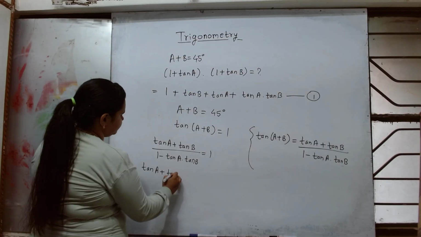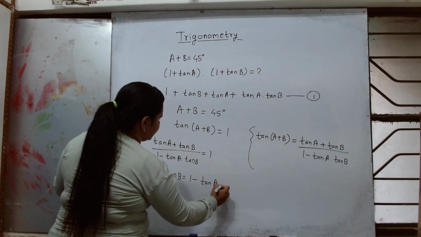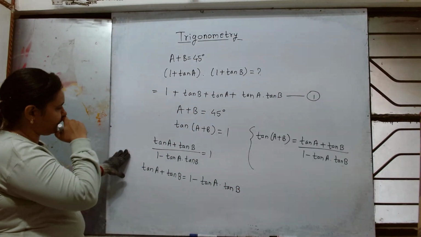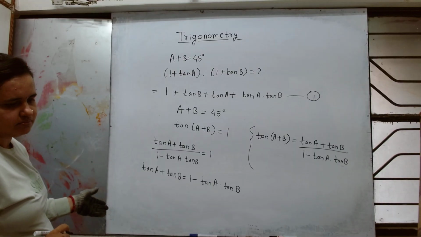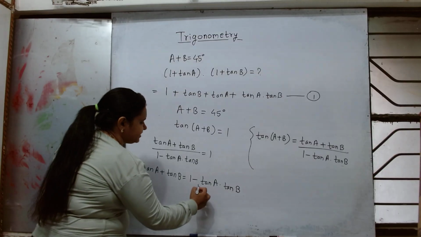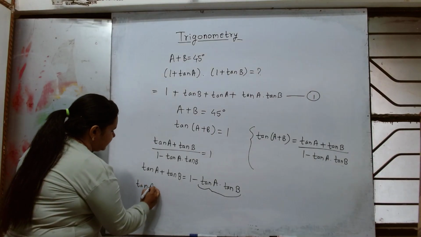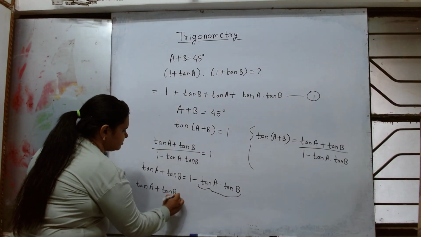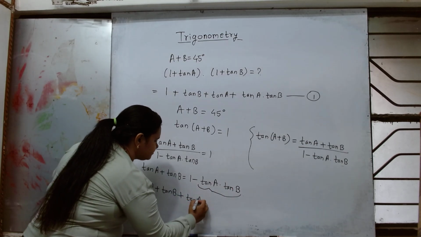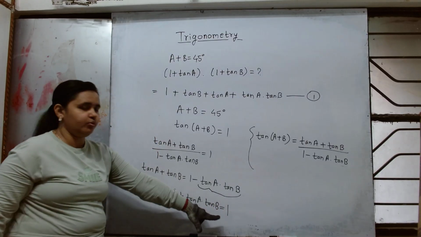Tan A plus tan B is equal to 1 minus tan A tan B. Now, if we put this side to the left hand side, it will be tan A plus tan B plus tan A tan B, and on the right hand side it will be only 1.